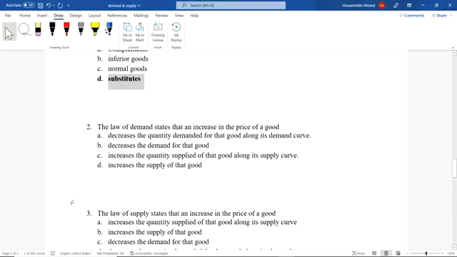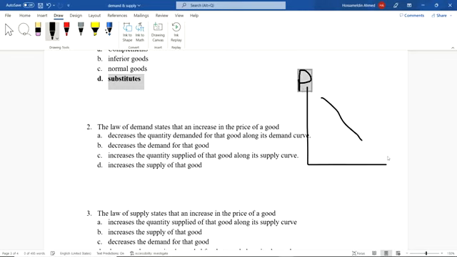The law of demand states that an increase in the price of a good would do what? In the graph, the law of demand describes the relationship between price and quantity demanded.